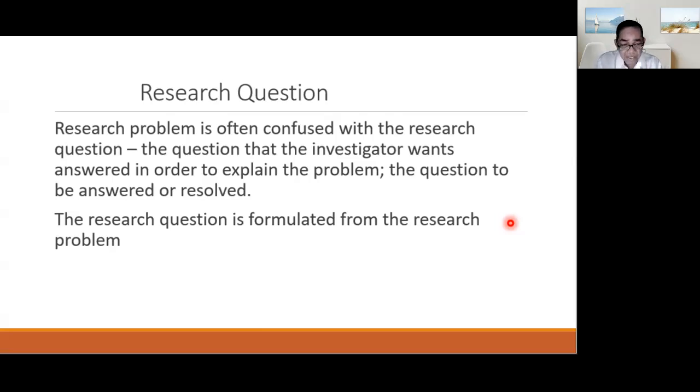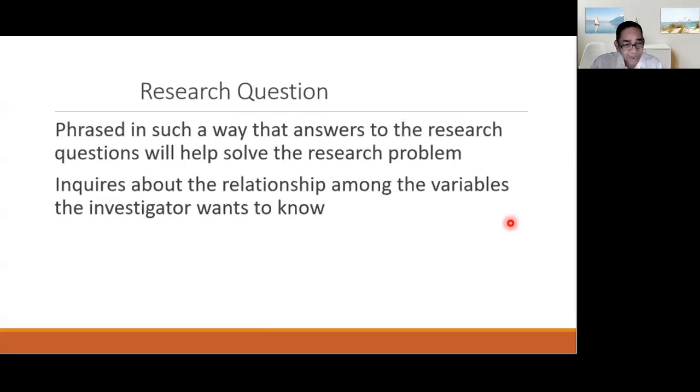As I said, the research question should originate from the research problem. And the research question is phrased in such a way that answers to the research question will help solve the research problem. So we have a problem, then we formulate a research question, and if you are able to answer that research question, then you will help solve the research problem.